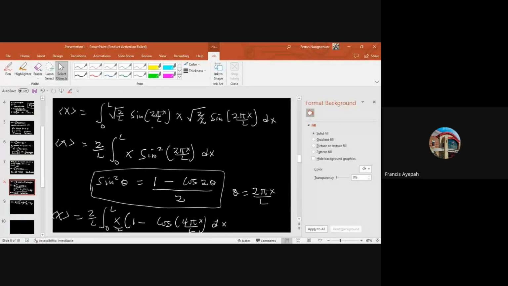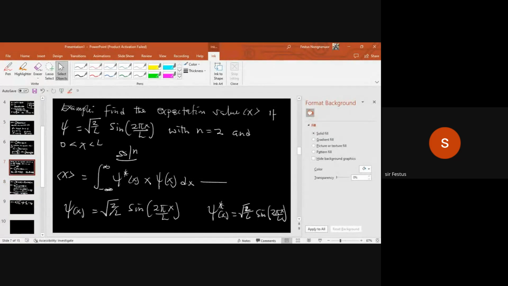Yes, sir. So in our example, we are to find the expectation value of x if the wave function is defined as this, with n equals 2, and our x, that is the position, depends on 0 to L. This is talking about a confined well, a well that is bounded.